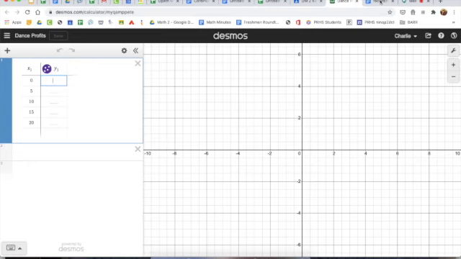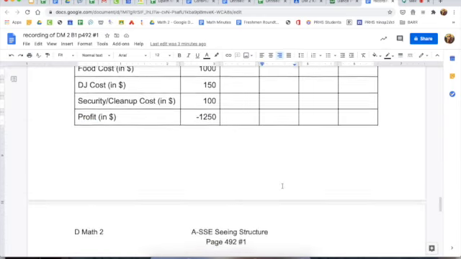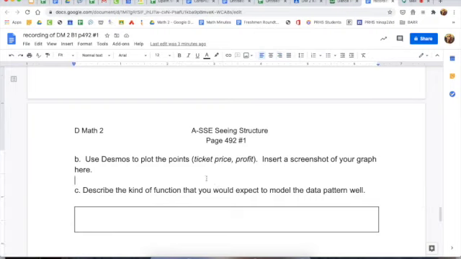When you look at the assignment, the profit is the bottom line of the chart, and we want to graph that against the ticket price. And you should see something familiar. Please insert your graph directly into this document if you can, or just attach a screenshot of the graph.